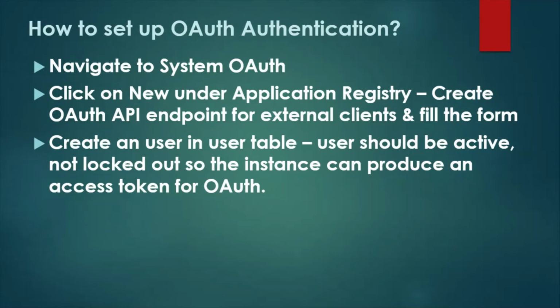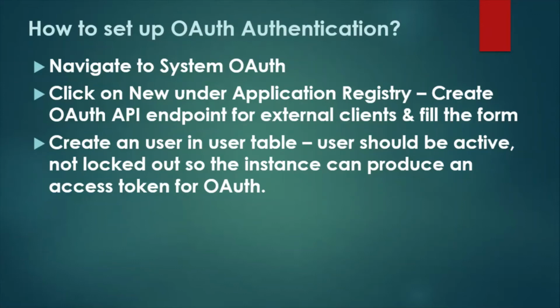How can you set up OAuth authentication? For that, you can navigate to System OAuth, click on New under Application Registry, create an OAuth API endpoint for external clients and fill the form. And you can create a user in the user table, and the user should be active. The user can't be locked out.